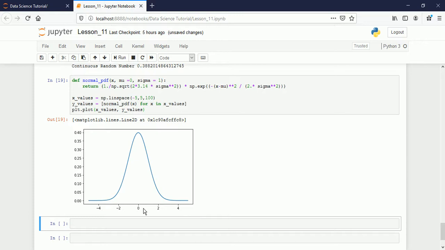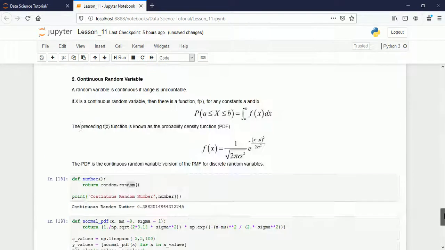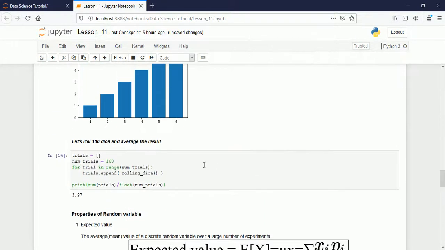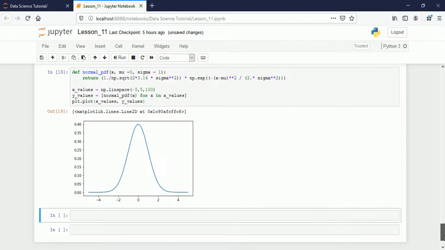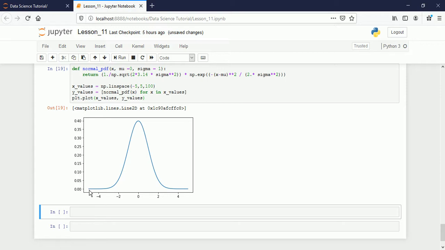And see, it is taking each and every value in between. It is not taking only whole numbers, the numbers in between also. It starts from -5 point something and goes up to +5, so the whole range is taken.